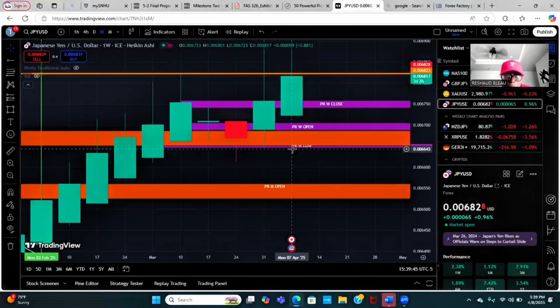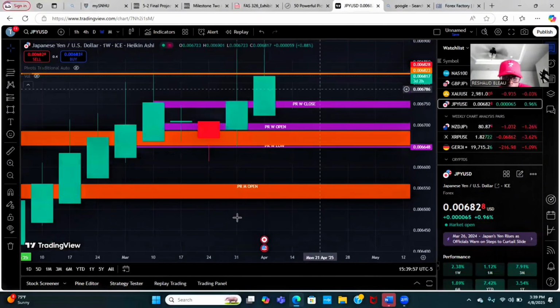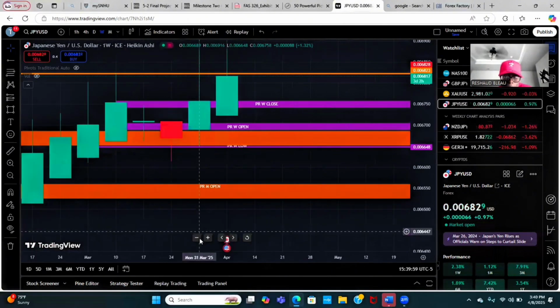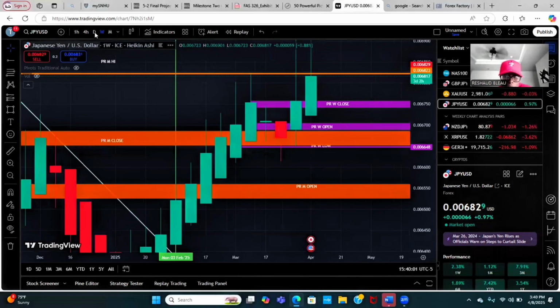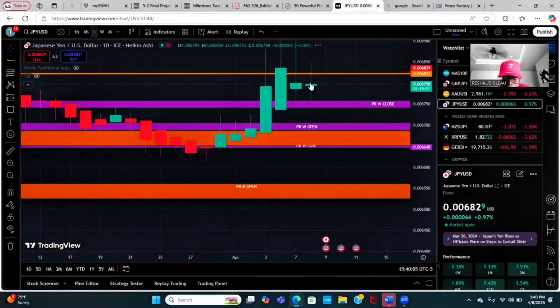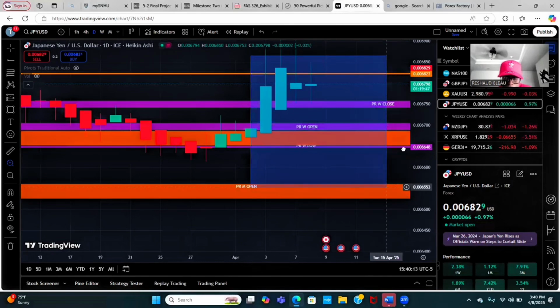It has a low, but it don't have a high, but it broke above the previous weekly close and did not break the previous monthly high yet. So we got the weekly, we have the monthly. Now it's time to get the daily. This is the daily right here. So we're gonna focus on that candle. Bear with me. This is the last trade, so stay with me.